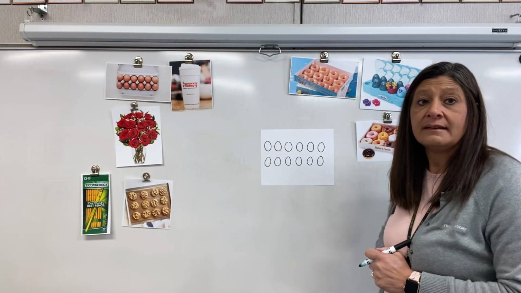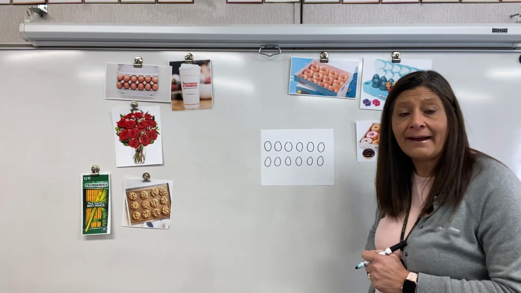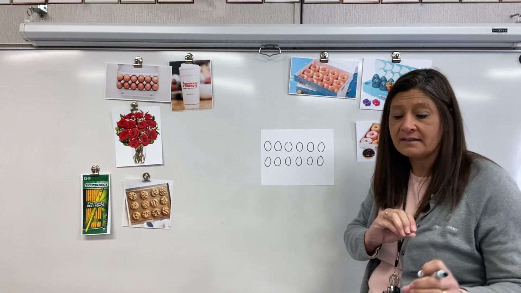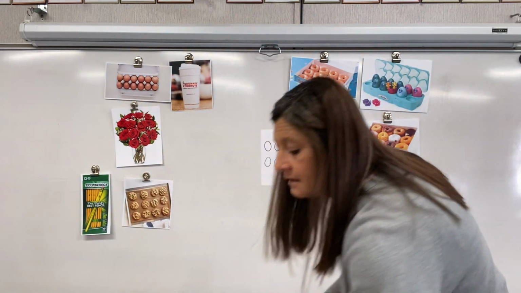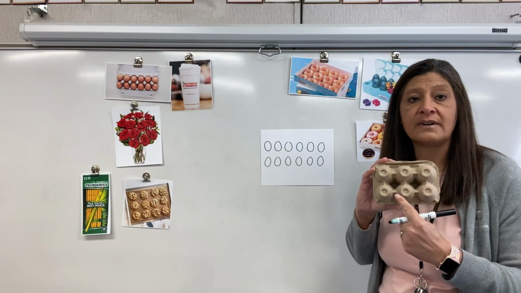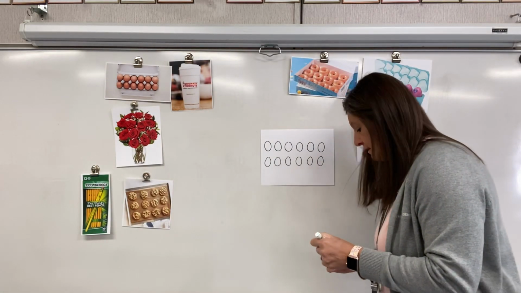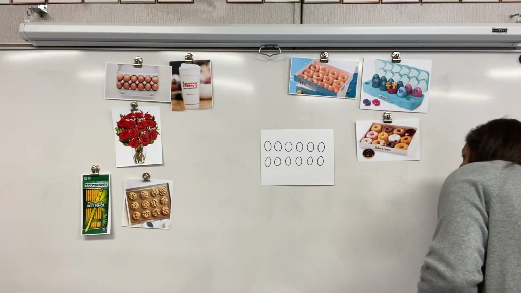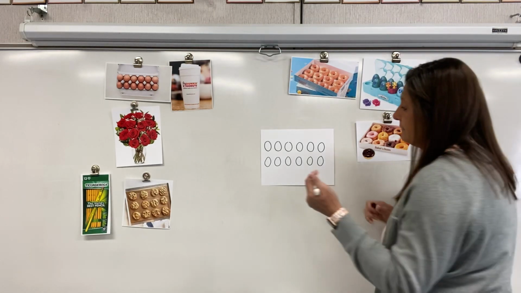Okay. Now color half, make half of your eggs a half dozen. Remember, this is a half dozen. 1, 2, 3, 4, 5, 6. Make them brown eggs. So half of them will be brown.